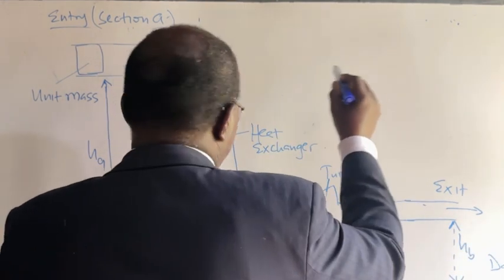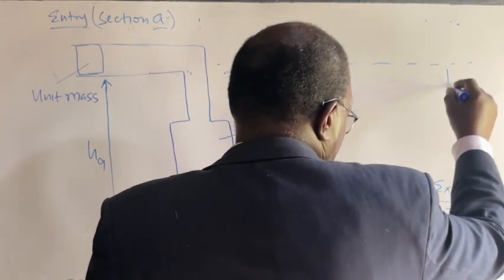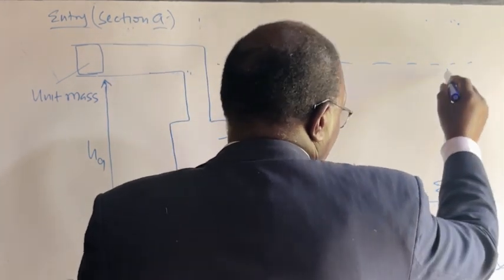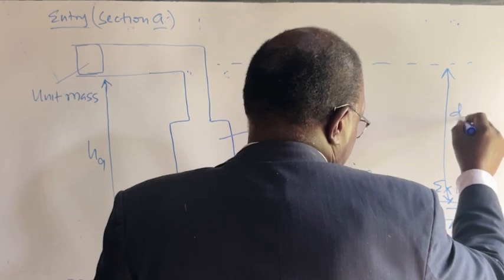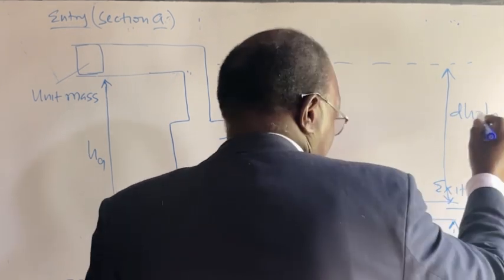And so the difference between HA and HB, we call that delta H, or dH, which is HA minus HB.